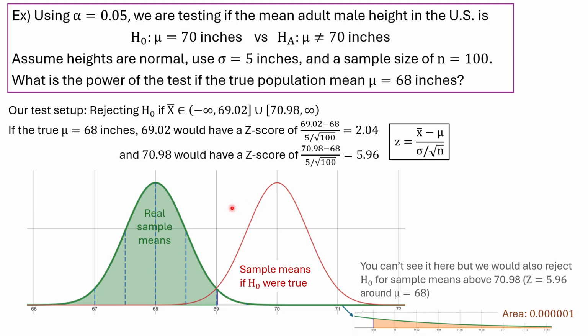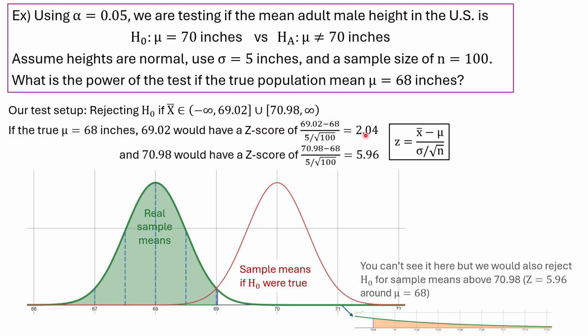So to draw a picture, here in red is the distribution of the sample means we would expect to get if the null hypothesis were true, if the mean really were 70. In green are the sample means we would expect to get if the population mean were actually 68 inches instead. And so as you can see, we have our z-scores: 0 standard deviations above the mean, 1 standard deviation above, 2 standard deviations above.